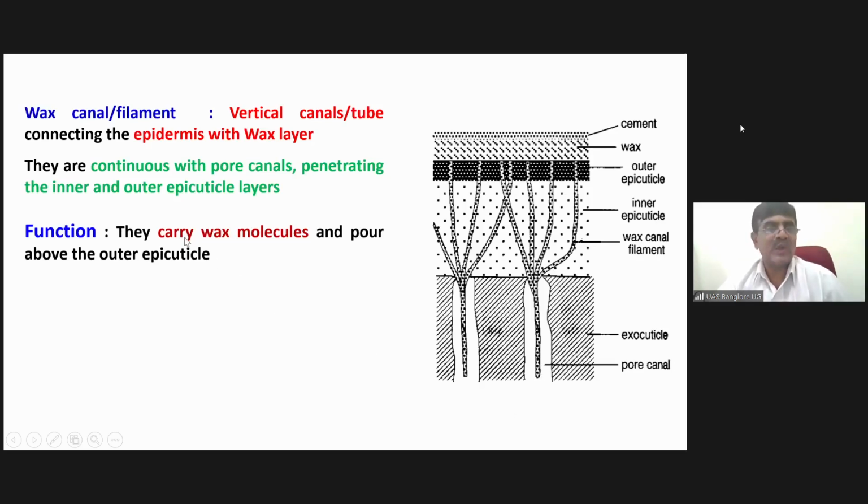The function of wax canal filaments is to carry the wax molecules and pour them on the outer epicuticle. Here, the black color one is the outer epicuticle. Whatever wax molecules are present in the epidermis are transported to the outside and poured into this outer epicuticular layer. So this is about the vertical tubes, that is pore canals and wax canal filaments.